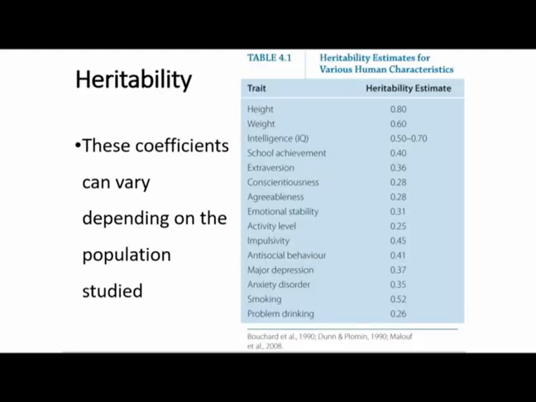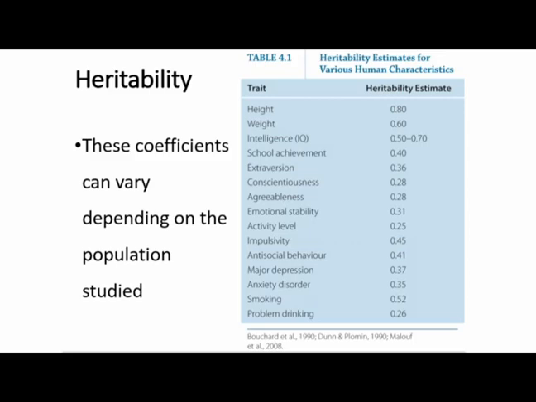Now that we've actually talked about what a heritability coefficient is, let's actually look at a couple of examples. So we can look at this table here from the textbook where we have some heritability estimates or heritability coefficients for a couple of fairly common traits.